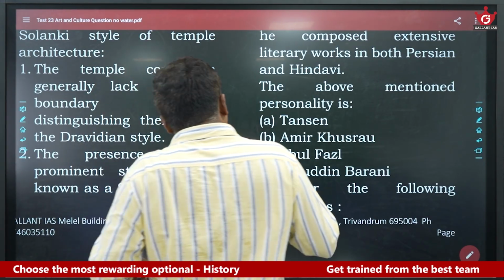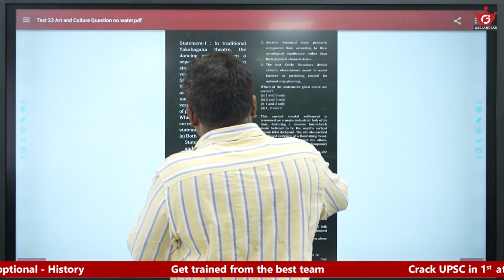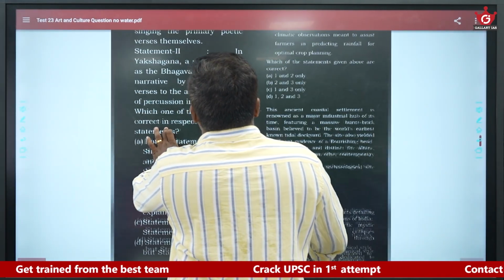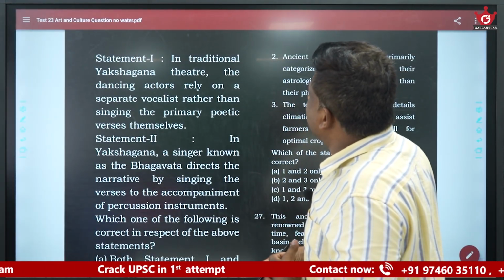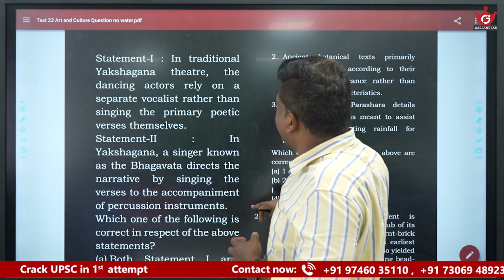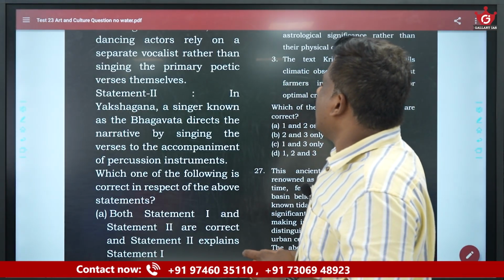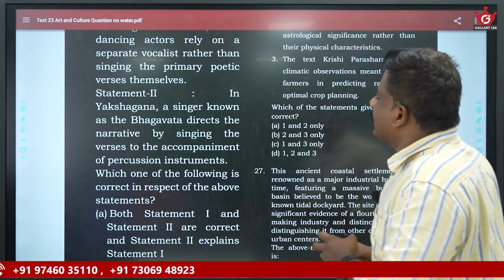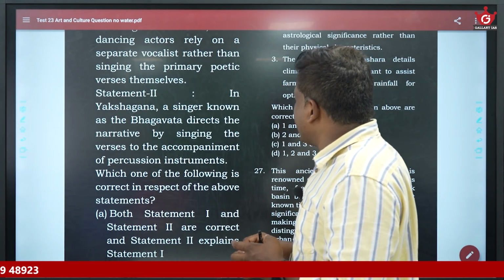Then there is question number 25. What is question number 25? In traditional Yakshagana theatre, dancing actors rely on separate vocalists rather than singing the primary poetic verses themselves. In Yakshagana, a singer known as the Bhagavata directs the narrative by singing the verses to the accompaniment of percussion instruments.